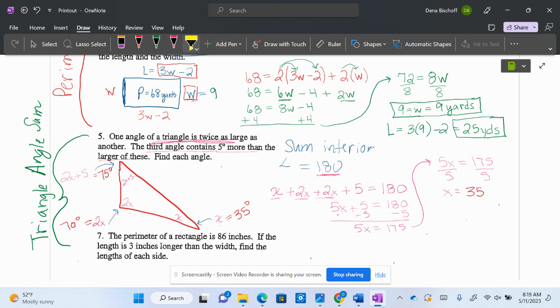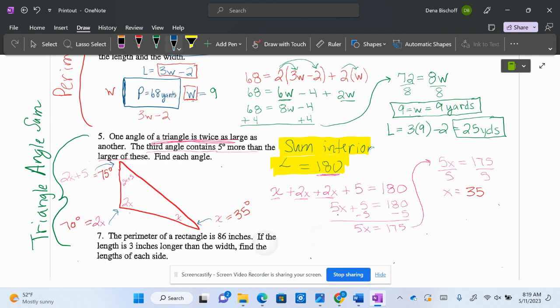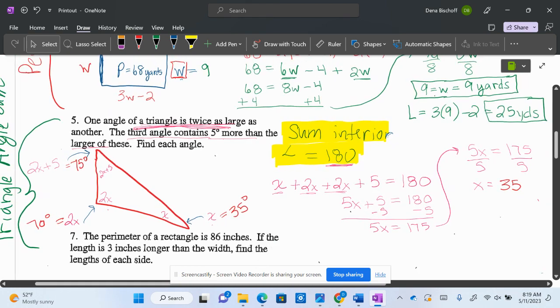And this is really important, so I'm going to highlight this. The sum of the interior angles equals 180. I'm going to leave that there for a second so you guys can make sure you have all of that.